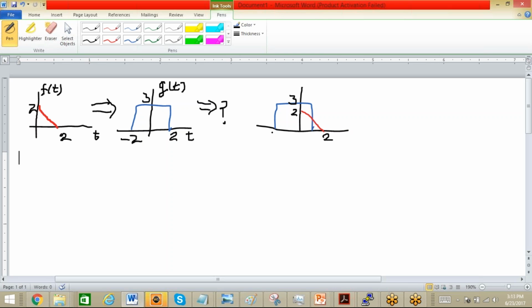Then here it will be 2 plus 3, and this will be minus 2 plus 3.